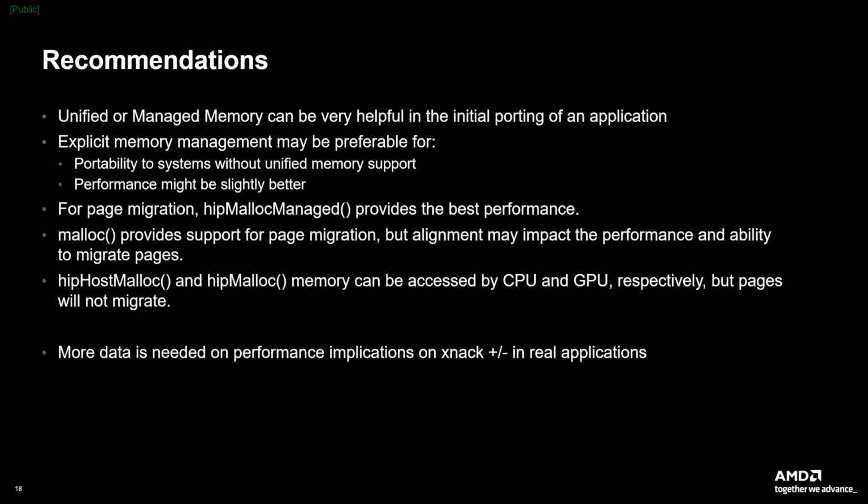So how do you use this capability? Well, unified, or it's sometimes called unified memory or managed memory. It can be very helpful in initially porting an application, because as you move each loop over to the GPU, you have to move this data movement along as you try to go to the next kernel and get it running on the GPU.